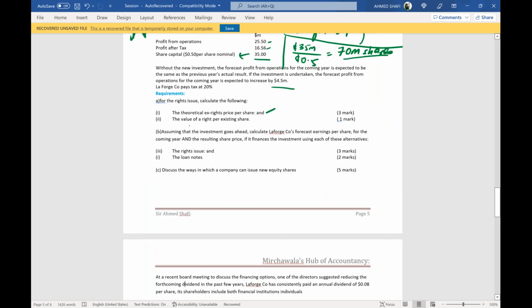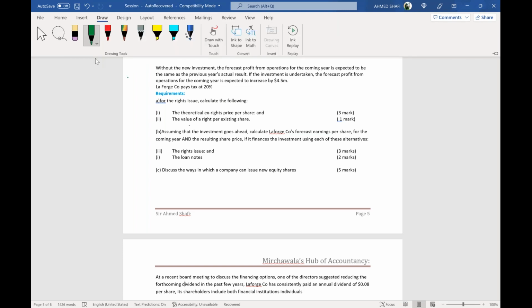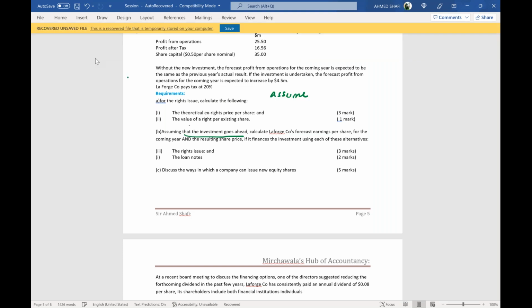Now let's move to the next requirement. Assuming that the investment goes ahead, that means for this part, assume the 25.48 million goes ahead, because it's clearly mentioned that the investment goes ahead.